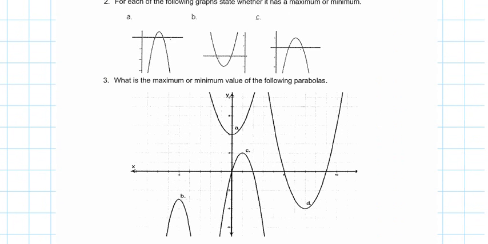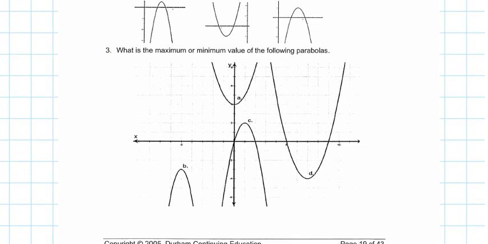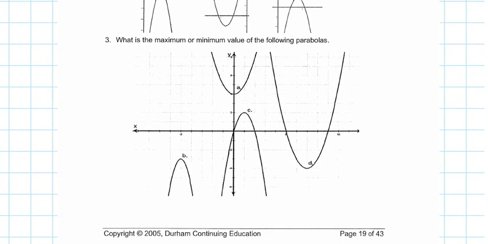Okay. So let's look at this question. Let's start with this graph. Max or min? Min. And at what y value? So this is 1, 2, 3. So y equals 4. You see how I write y equals? For B, for this one, do I have a max or a min?